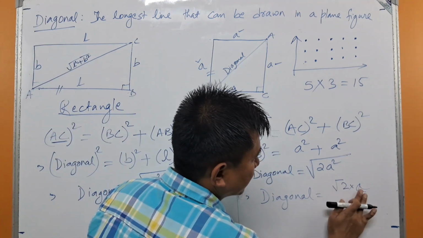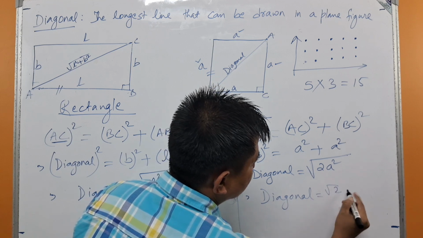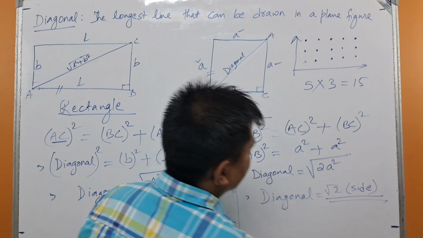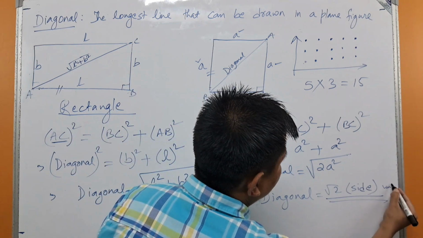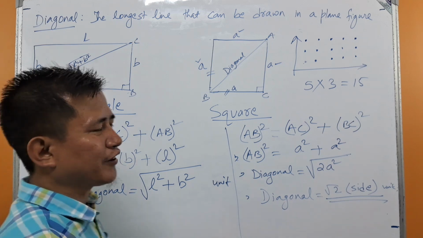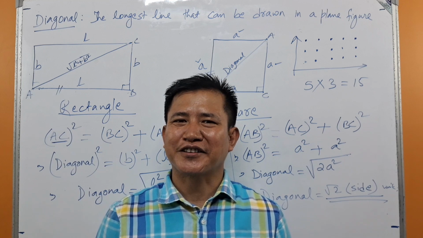So the formula for the length of diagonal of a square is root 2 into side unit, okay. I hope you got this. These are the formulas for rectangle and square needed to solve the questions from the exercise, okay.